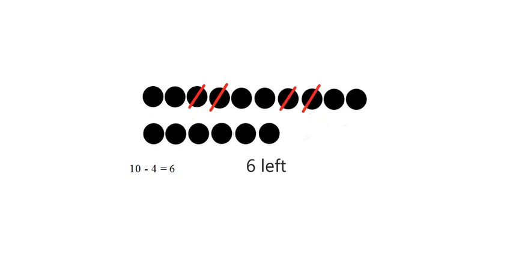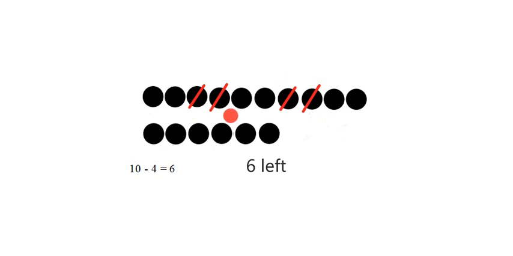Okay, next, how many circles are these? Count them. 1, 2, 3, 4, 5, 6, 7, 8, 9 and 10. These are 10 circles in total. And how many are removed? 1, 2, 3, and 4. 4 circles are removed, 4 circles are subtracted.